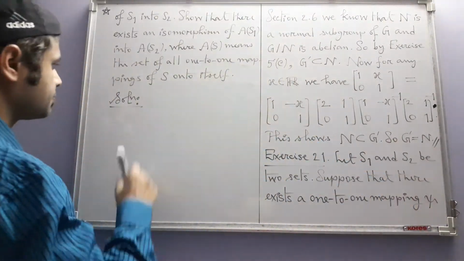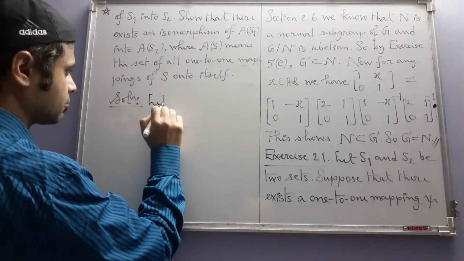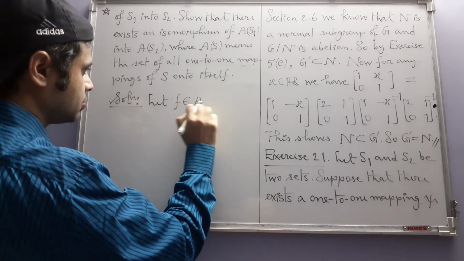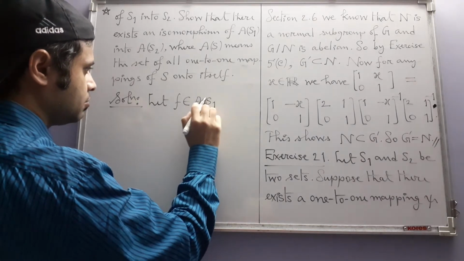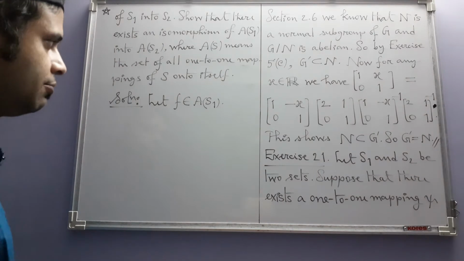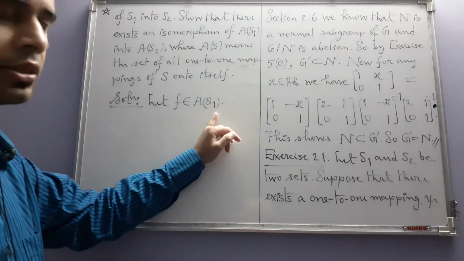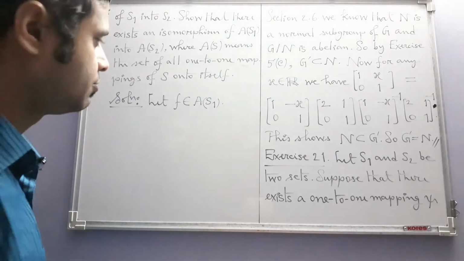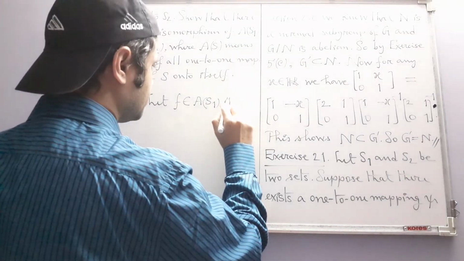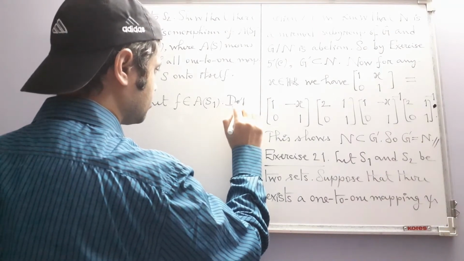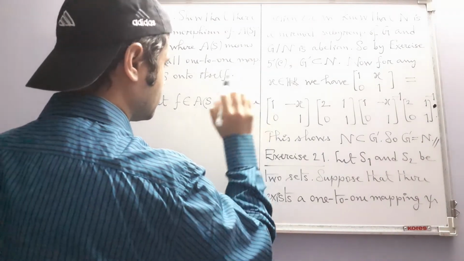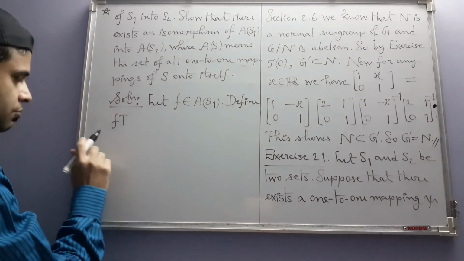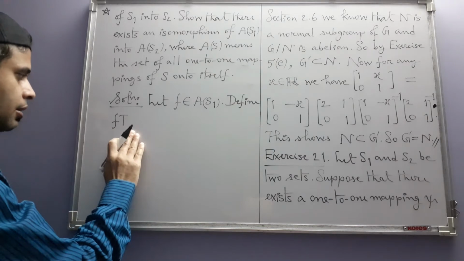Let F be a mapping in A(S1). F is an element in A(S1). That means F is a one-to-one mapping of S1 onto itself. Now we are going to define a map which we are denoting by the symbol Ft.